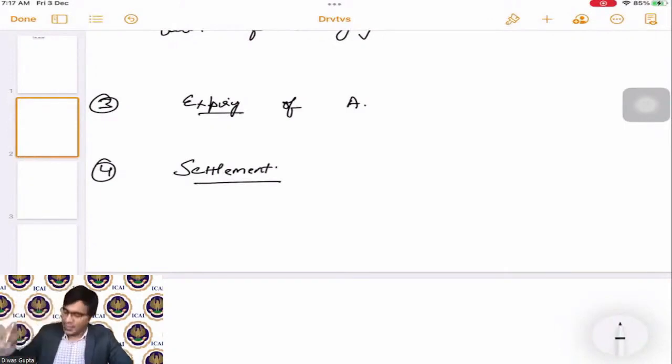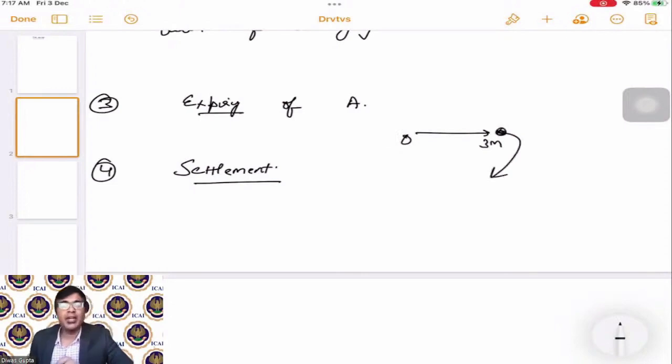So once, let's say, the expiry was for 0 to 3 months, after these 3 months, there will be some kind of settlement that will happen depending on what the buyer and seller have contracted. That contract is already in execution for these 3 months, and finally the settlement will happen basis the contract.